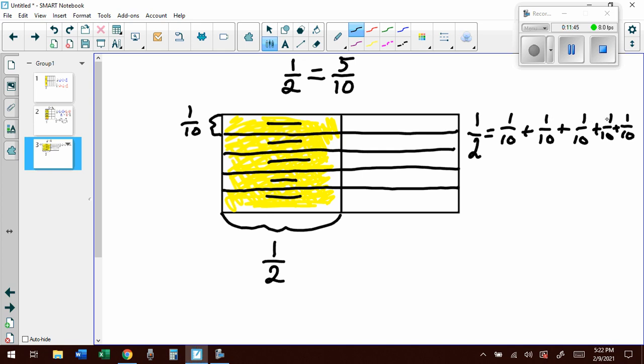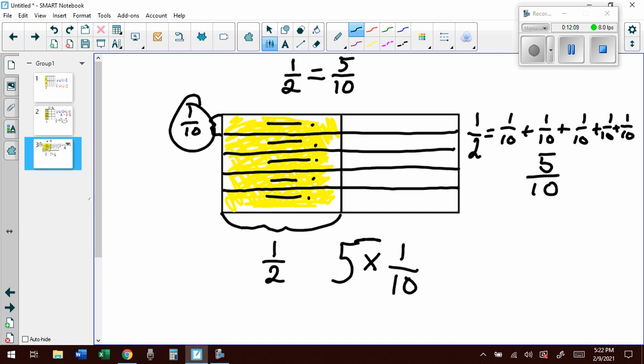So 1, 2, 3, 4, 5. I have 5/10. I can also show it as a product of unit fractions, which would mean that I have the unit fraction right here, 1/10. How many times? 1, 2, 3, 4, 5. 5 times. 5 times 1 equals 5. And our denominator, of course, stays the same. And 5/10 is the same as, or equivalent to, 1/2.